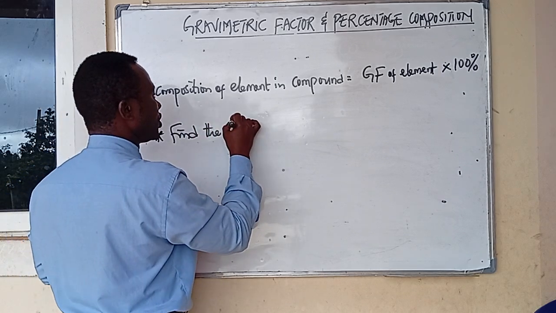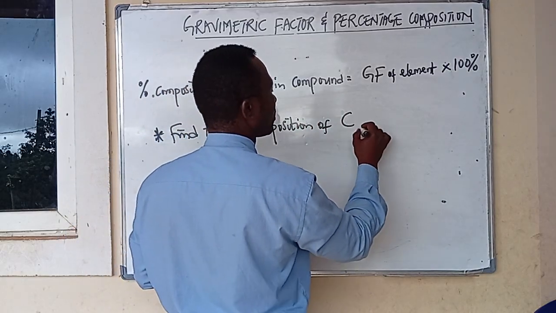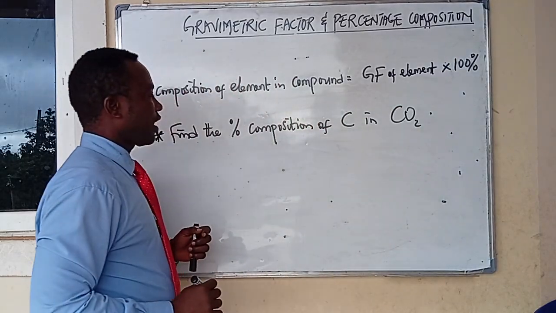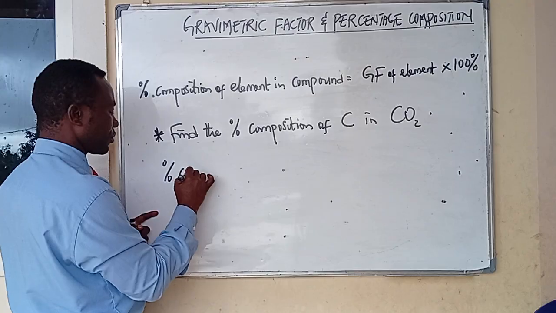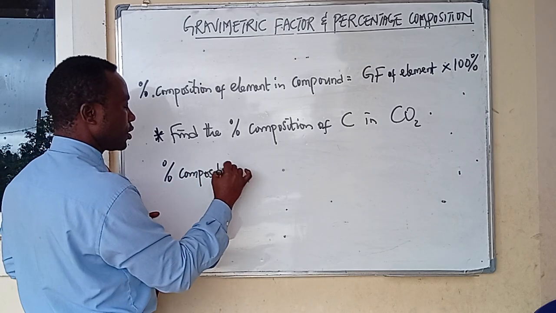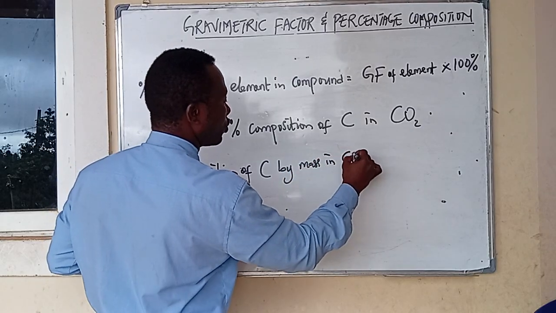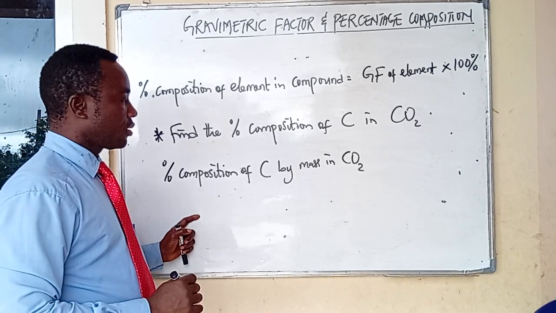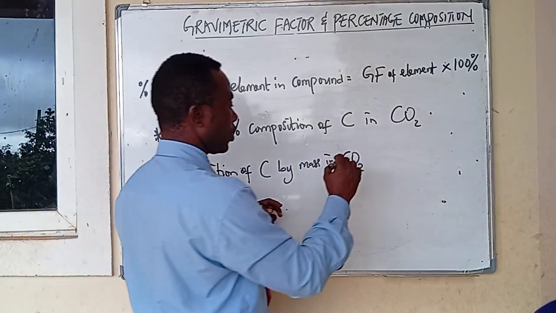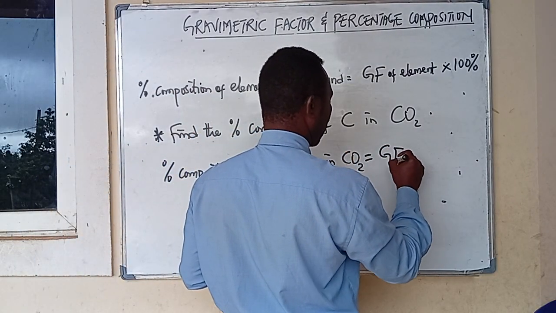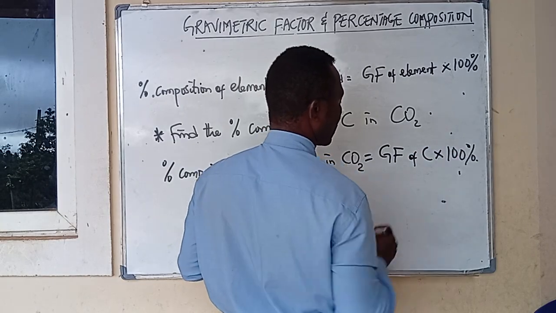Now, if you ask me to find the percentage composition of carbon in CO2, I can now see that percentage composition of carbon by mass in CO2 will become equal to gravimetric factor of carbon multiplied by 100%.